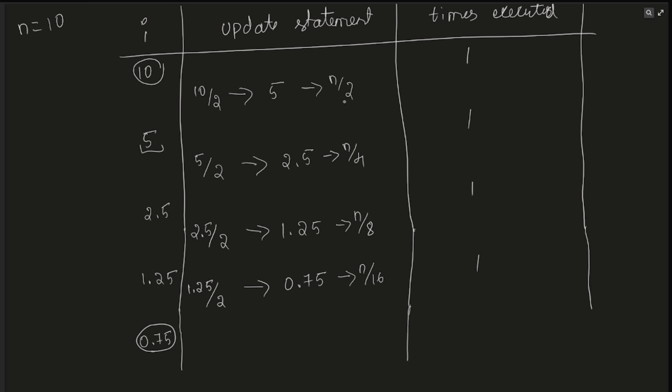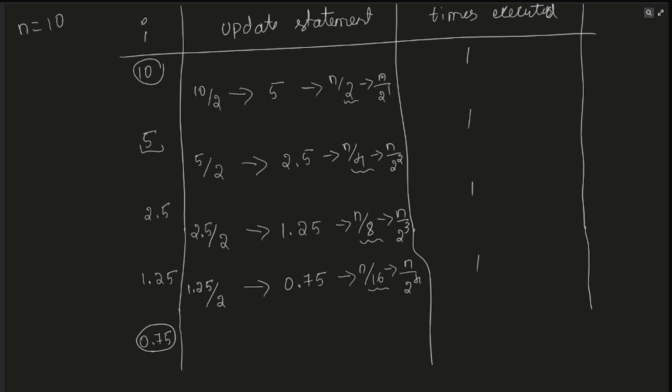Now, if you observe, all the denominators are multiples of 2. Can't we generalize this even more to n by 2 to the power 1, n by 2 to the power 2, n by 2 to the power 3, and n by 2 to the power 4?